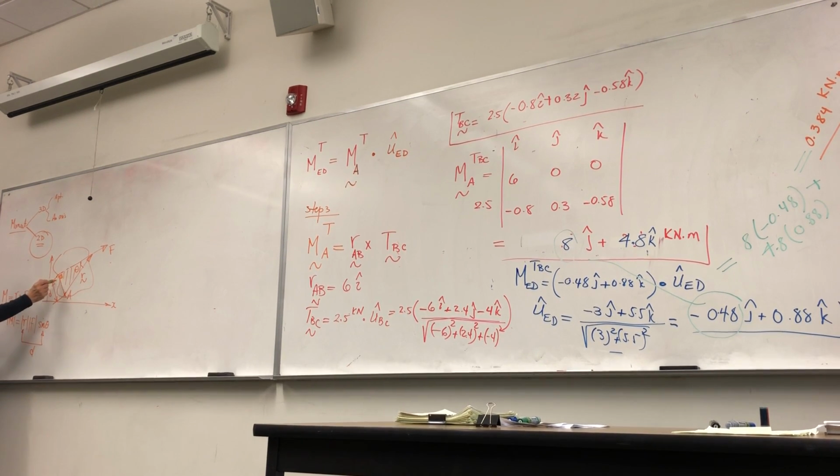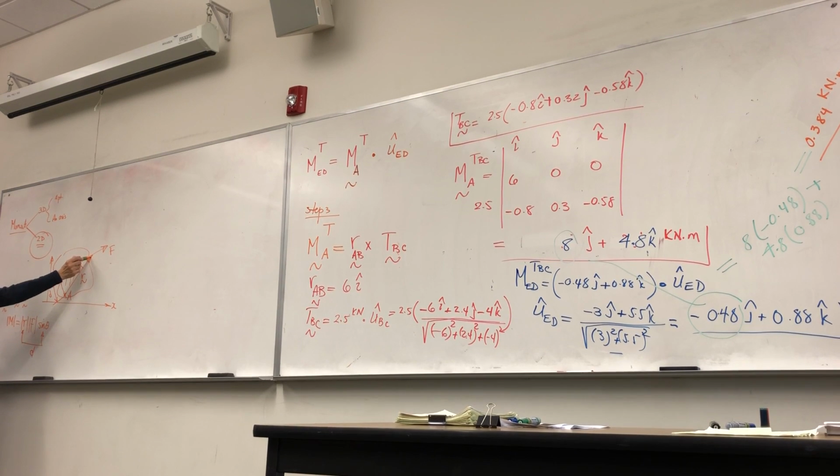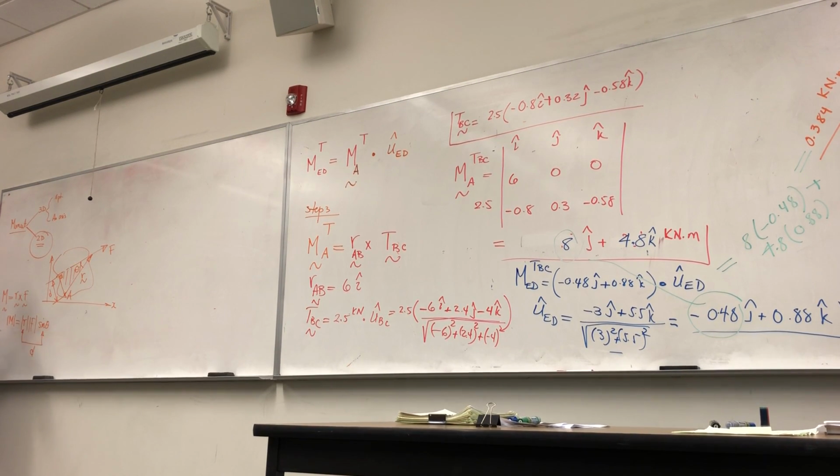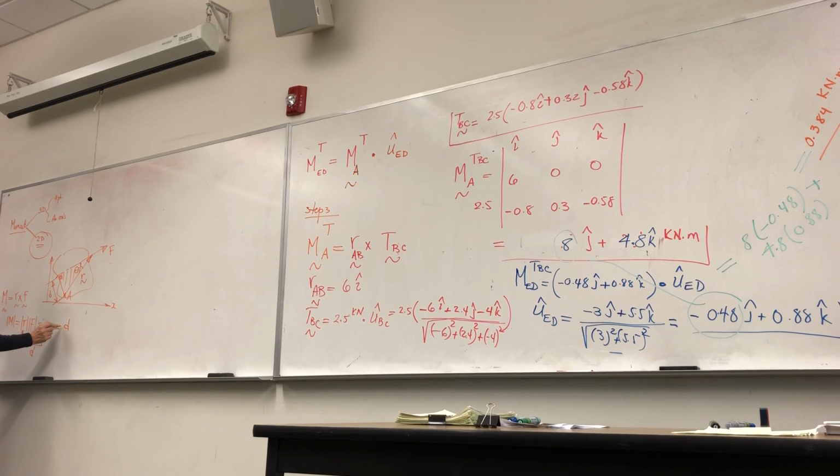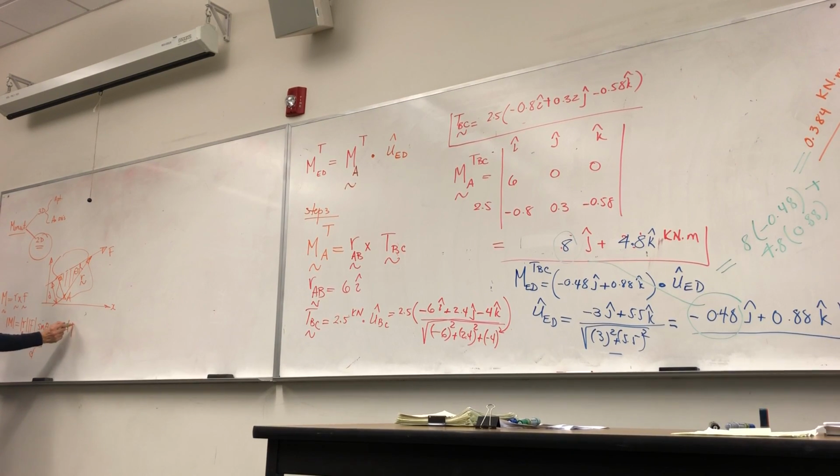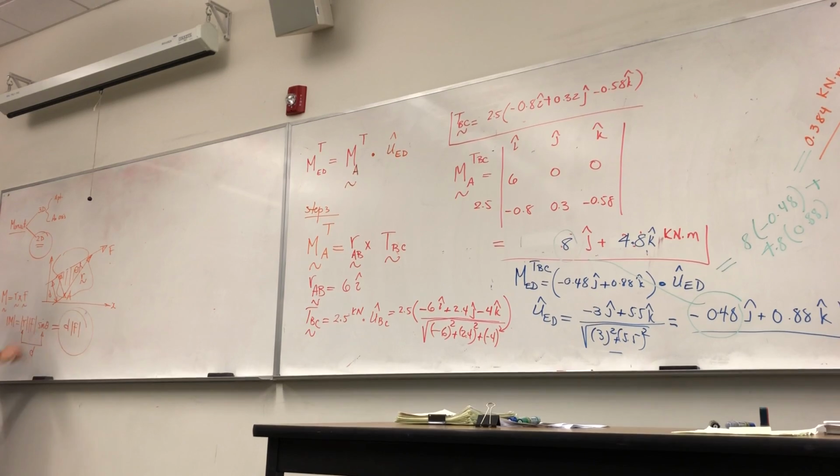In this triangle, it is this side, which is R times sine theta. Therefore, the magnitude of that moment about point A would be simply the magnitude of that distance times the magnitude of the force. So in the case of 2D, the magnitude of the moment about the point is simply the magnitude of the force times the vertical distance from that point to the direction of the force.